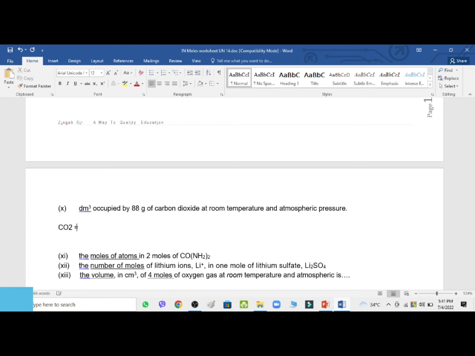We can convert this into moles by dividing with the molar mass, so we get 2 moles. And then 2 moles equals what volume? If the molar volume is 24, then we get here 48. So this is the dm cube. Simple.